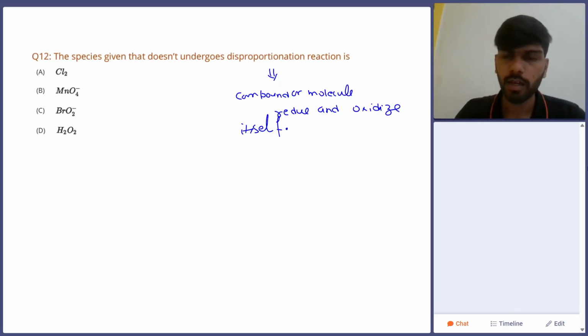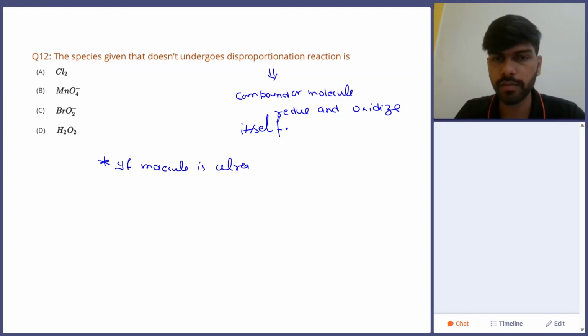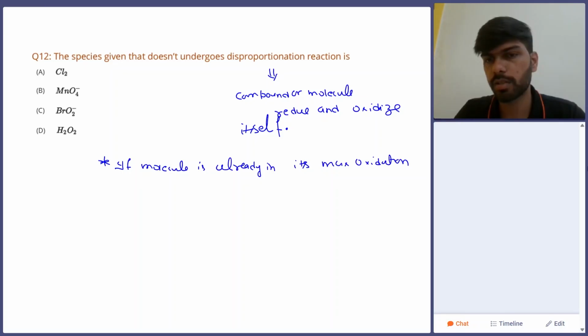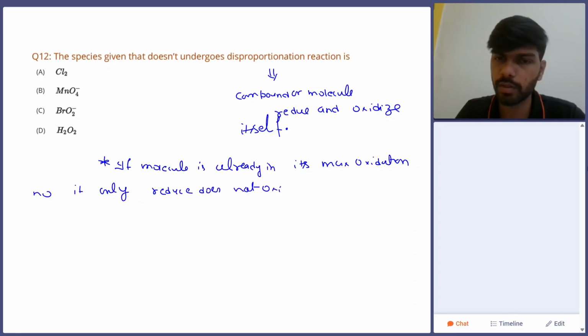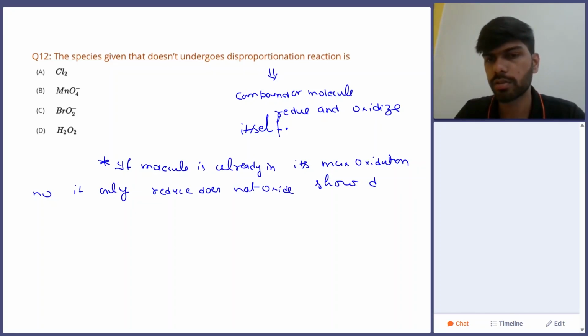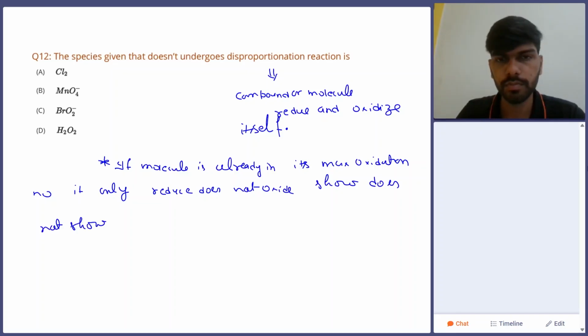Now, one interesting point: if a molecule is already in its maximum oxidation number, it only reduces, does not oxidize, so it does not show disproportionation.